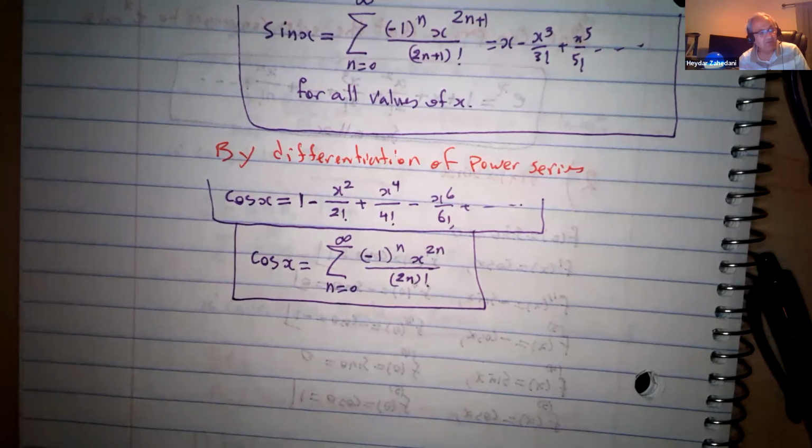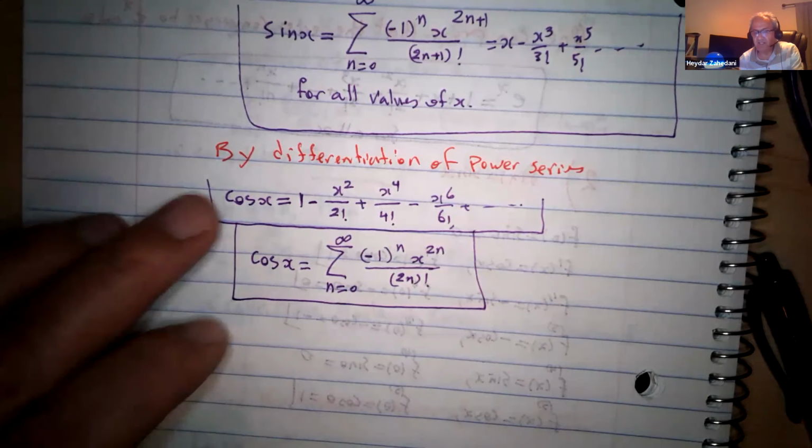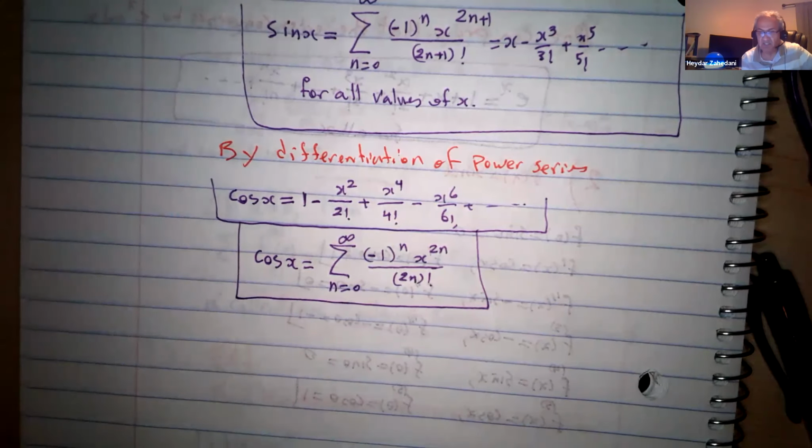For a long time it was supposed that like the sine and the cosine, if you find the Taylor series of any function, that Taylor series would converge to the function. But there is one example that gives you otherwise.